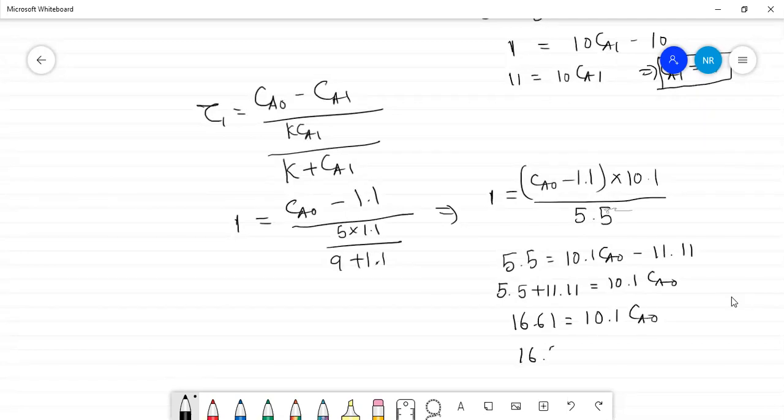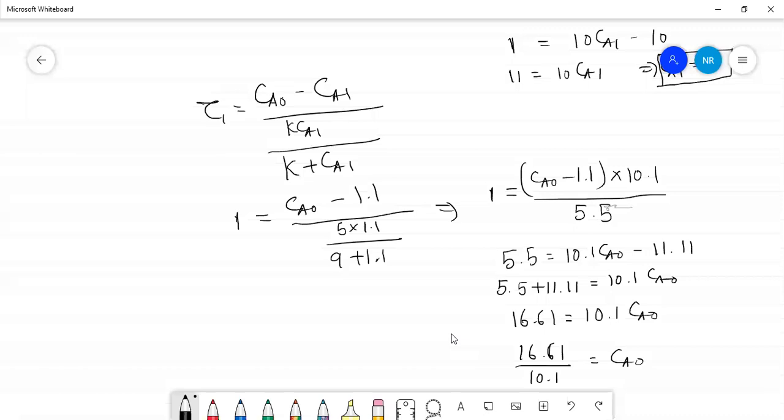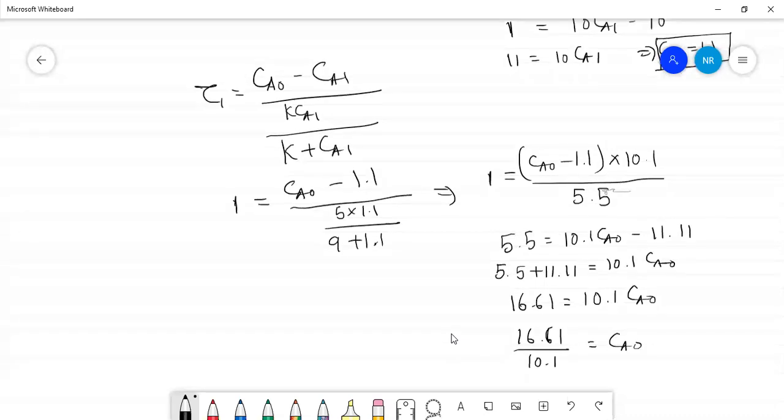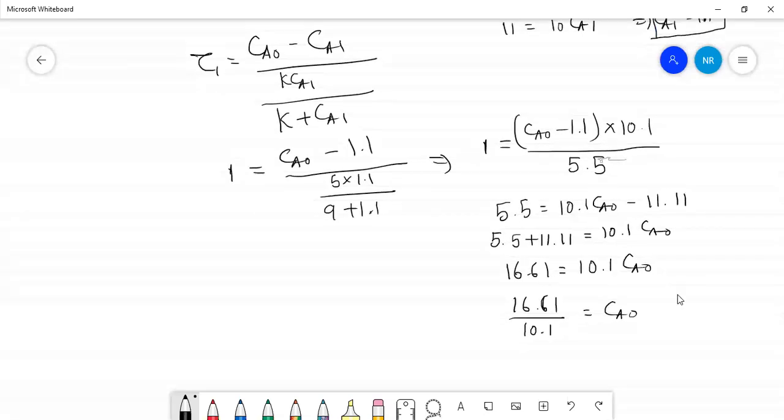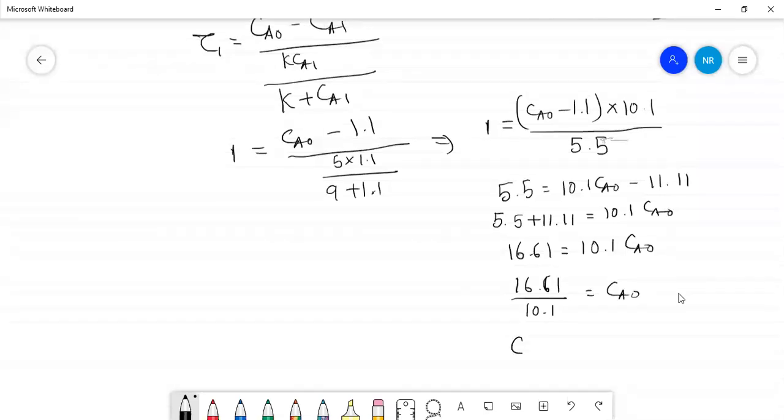So 16.61 divided by 10.1 is equal to CA0. 16.61 divided by 10.1 is 1.644. So CA0 is equal to 1.64.